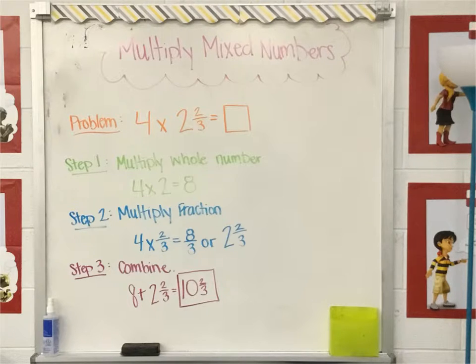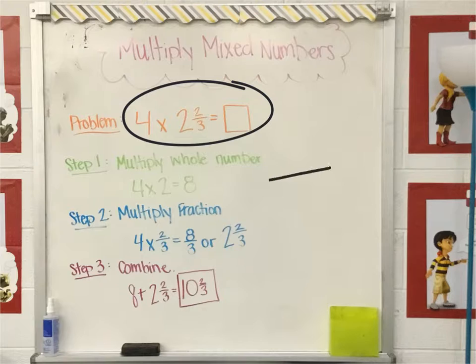So in my example on this slide, my problem is 4 times 2 2/3. So the mixed number is 2 2/3. When we multiply mixed numbers, the first 2 steps are simply decomposing the mixed number into its whole, which is 2 in this example, and into its fractional part, which in this mixed number is 2/3. 2 plus 2/3 equals 2 2/3.